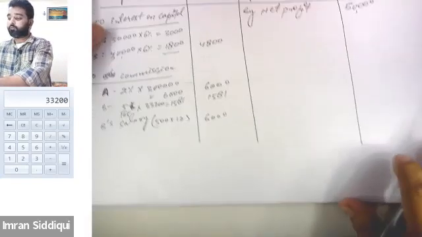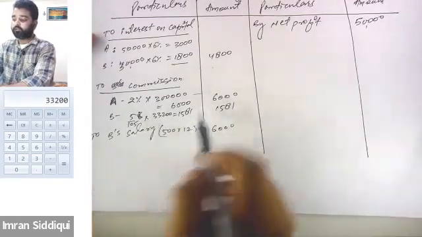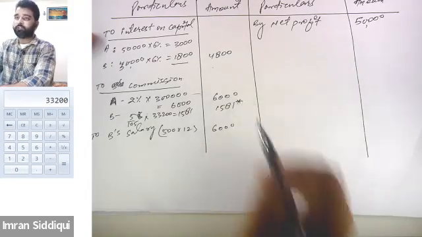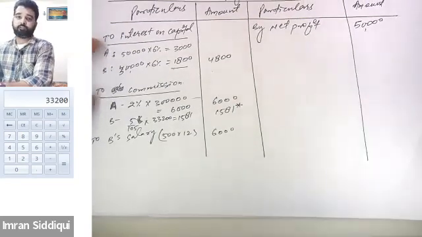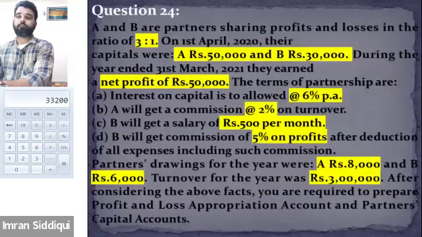Okay, now we will write down the manager's commission as 1581, as we have calculated by preparing the working note. Okay, so I guess we have recorded all the transactions. Just a minute. The point number D is also covered.